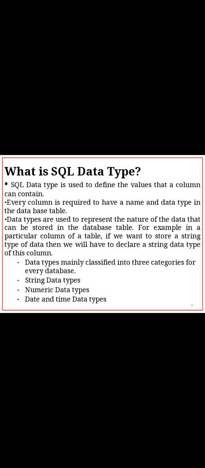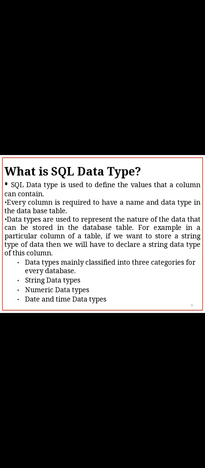Next is what are SQL data types. SQL data types are used to define the values that a column can contain. Every column is required to have a name and data type in a database.